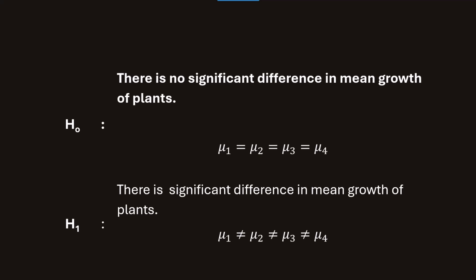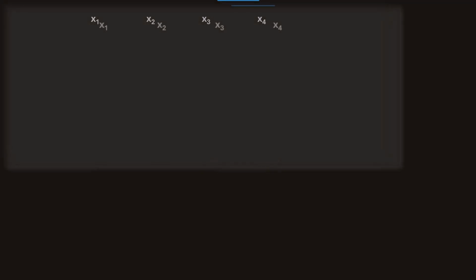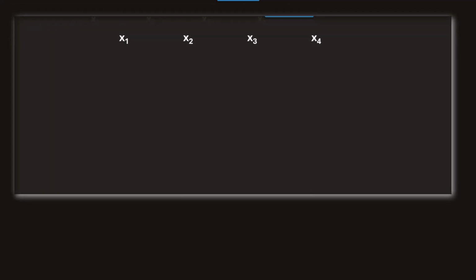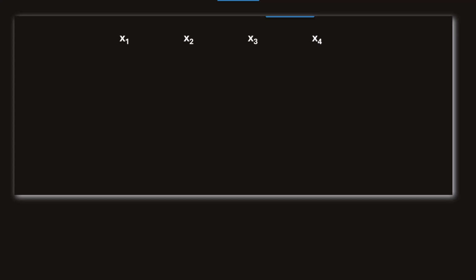State the problem as it is given. X variables x1, x2, x3 and x4 stand for the growth of the plant groups treated with different types of fertilizers. Populate the columns with values. Already I have stated the observations, so I need not repeat the same.